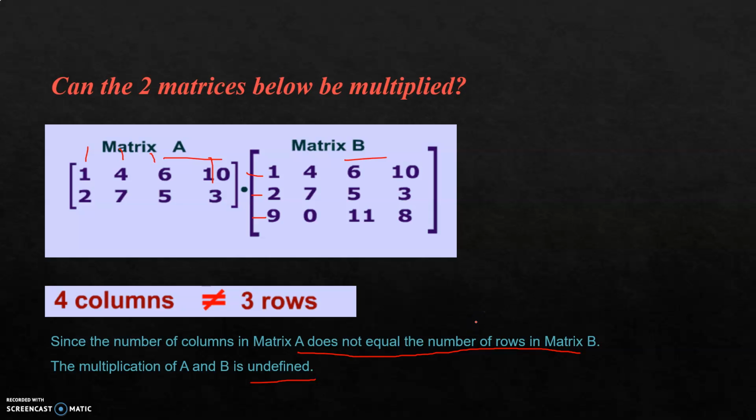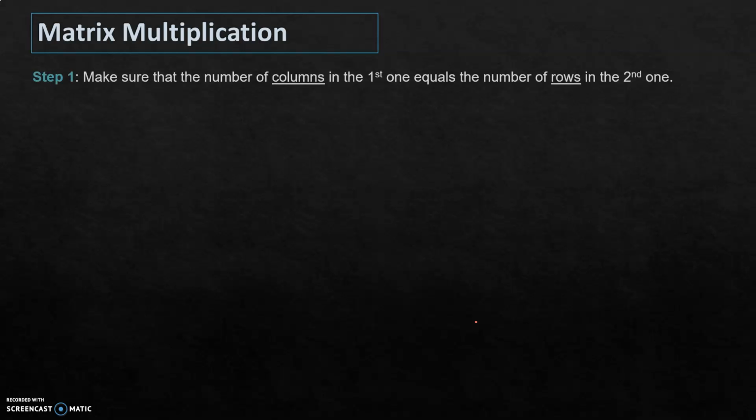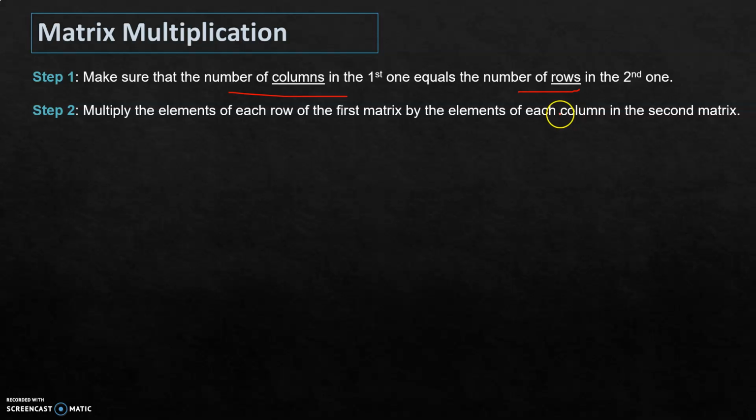Let us check how to multiply matrices. For matrix multiplication, we should check the first condition: the number of columns of the first matrix and the number of rows of the second matrix are equal. That's the first condition. The second thing we do is multiply the elements of each row of the first matrix by the elements of each column of the second matrix.